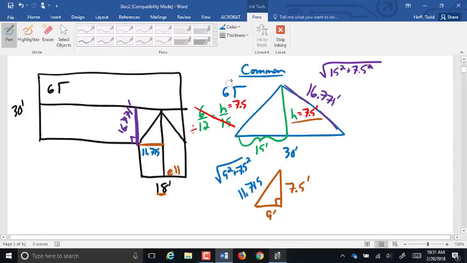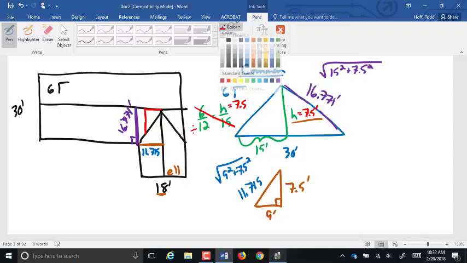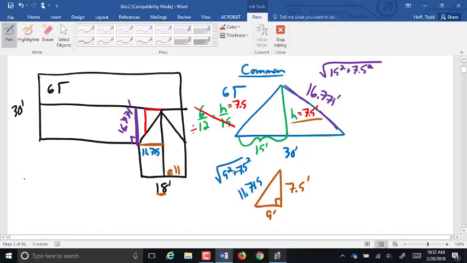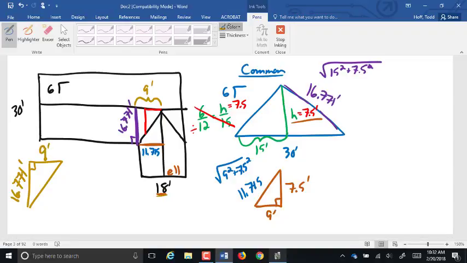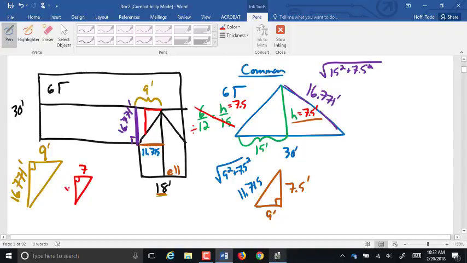So now that we have all of these main rafter lengths, to find the next one here, I'm going to have a couple of triangles. This is on the main roof side. My first triangle is 16.771 feet. What's this distance up here? That'd be this distance, which is half of the 18, 9 feet, right? So my next triangle, the one in the red, that would be 7 feet, and this we'll call y.